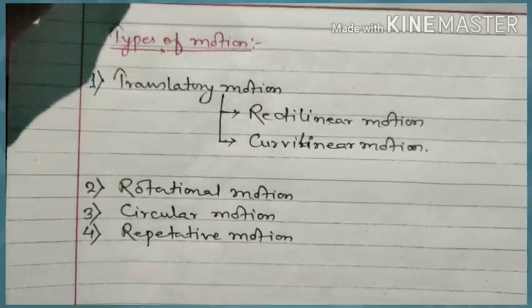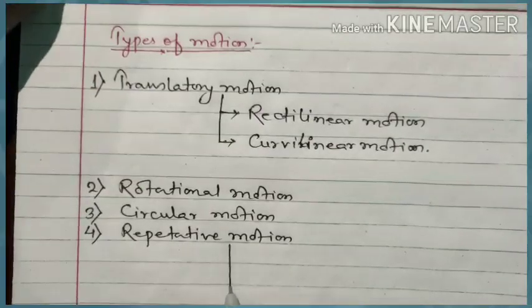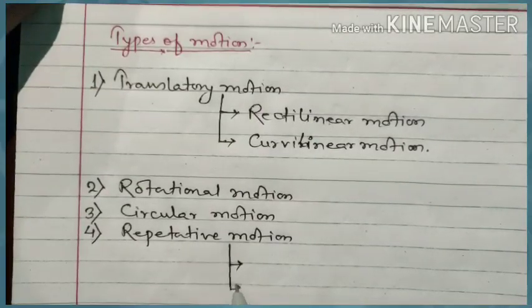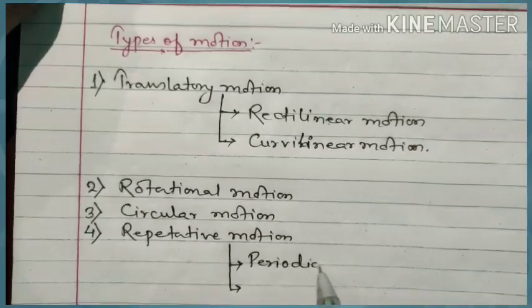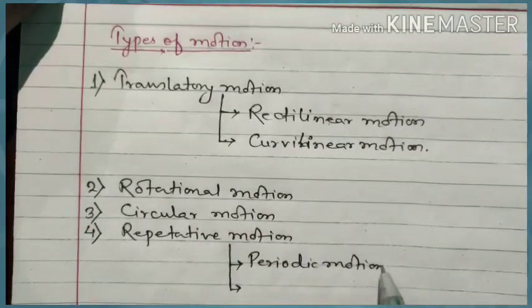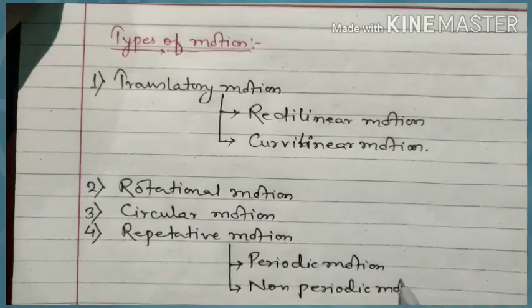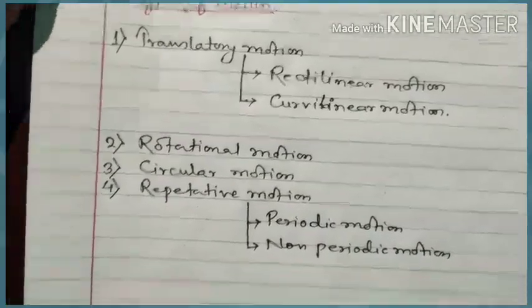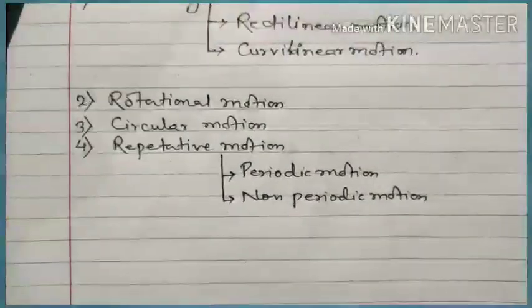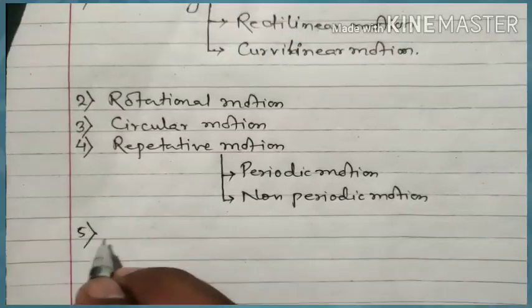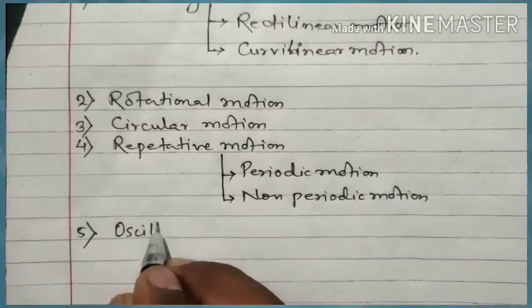The fourth type of motion is repetitive motion, and within repetitive motion there are 2 types: the first is periodic motion and the second is non-periodic motion. The fifth type of motion is oscillatory motion.